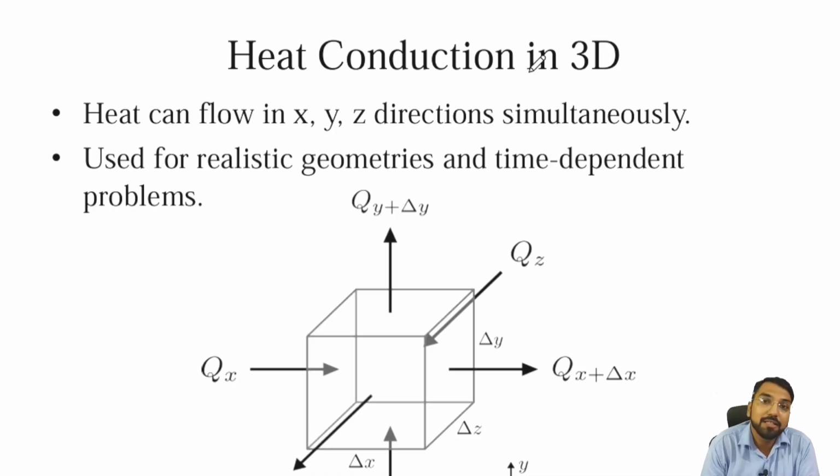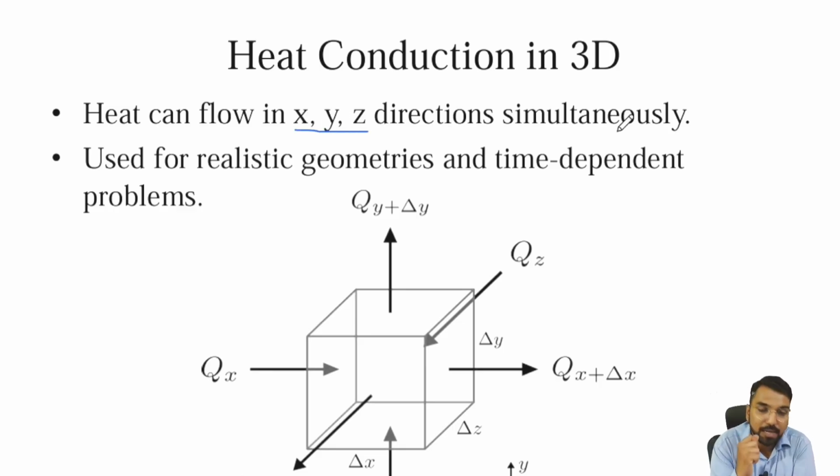For our convenience we are going to look at one dimension, but to analyze one-dimensional heat transfer, you have to understand how heat transfer takes place in three dimensions. When you learn this, it will be easier to apply the basic things to one dimension. Heat can flow in the x, y and z directions simultaneously.